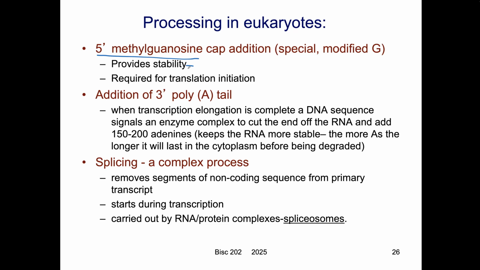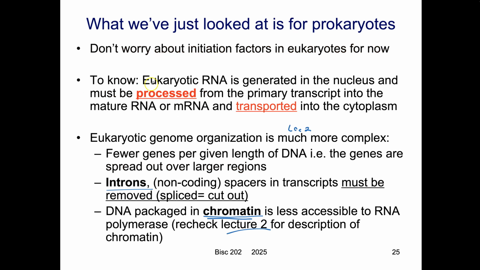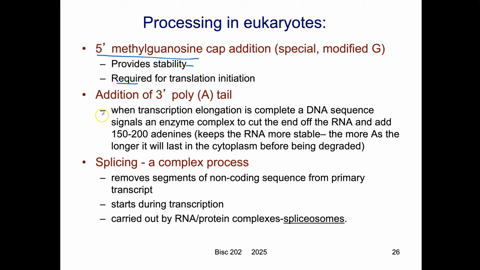That's why they don't last a really long time in the cell. And so having that extra methyl group on the guanine on the 5' end helps to prevent that degradation. And it's also part of the process of initiating translation. It's part of the recognition process where the ribosome binds to the messenger RNA.